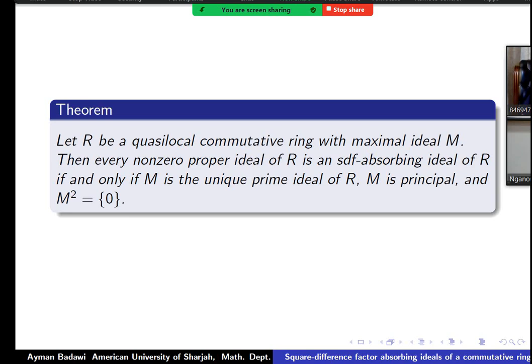Okay? So now you see clearly why Z4 is exceptional, like Z25 or Z9, because Z9 and Z25 satisfy this condition.